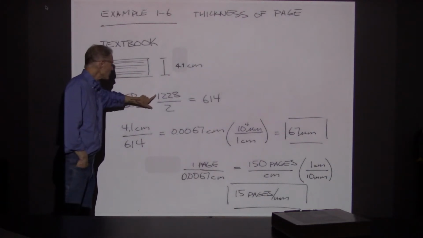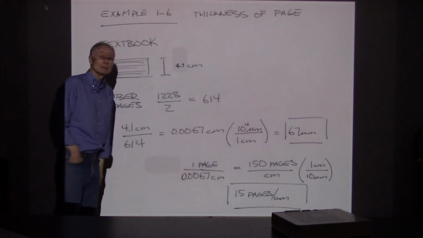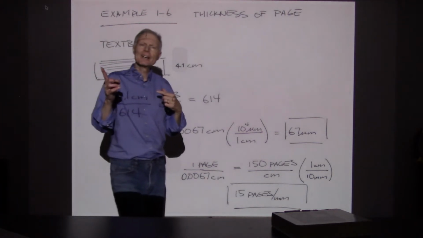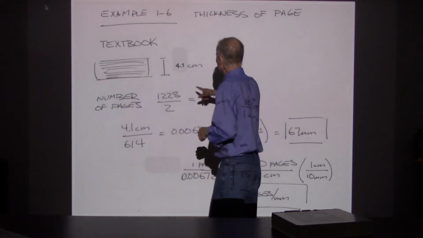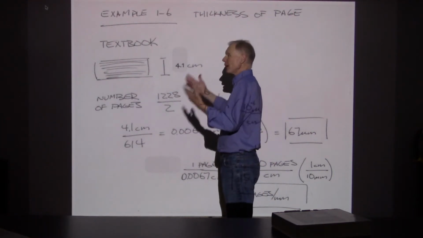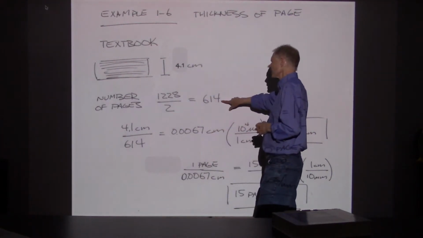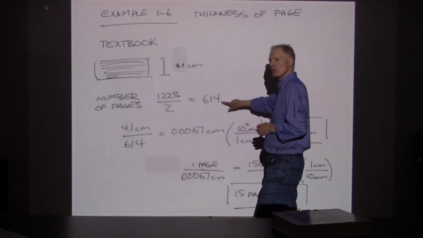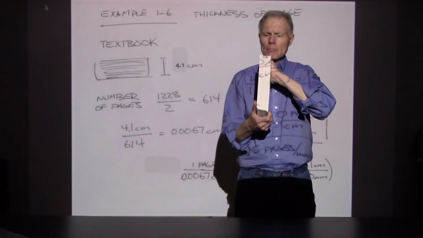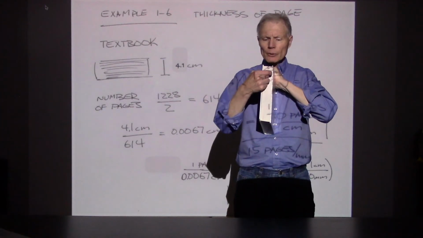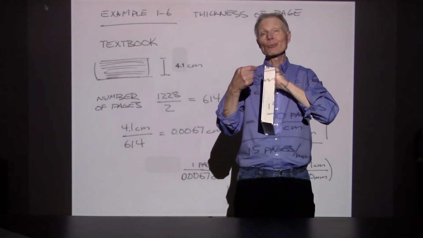Now the number of pages was 1,228, but they number both sides of the page. So for 1,228 pages in the book, there's really only 614 sheets of paper, roughly.